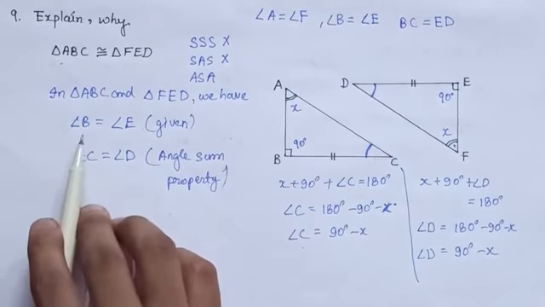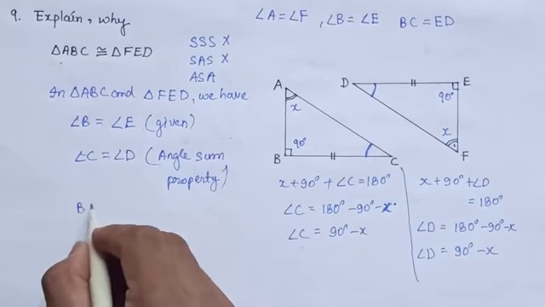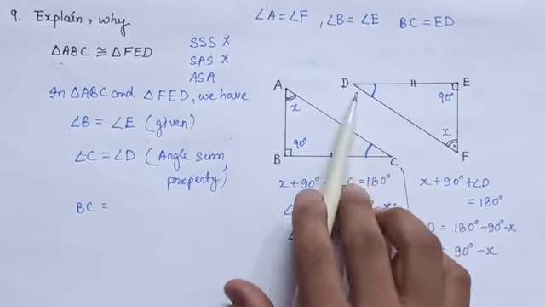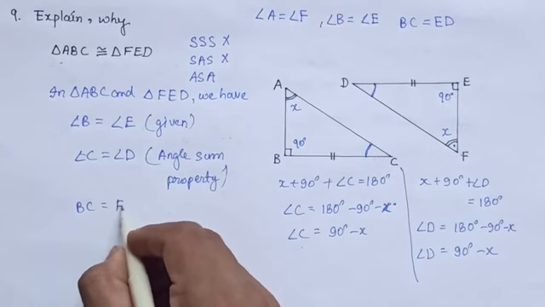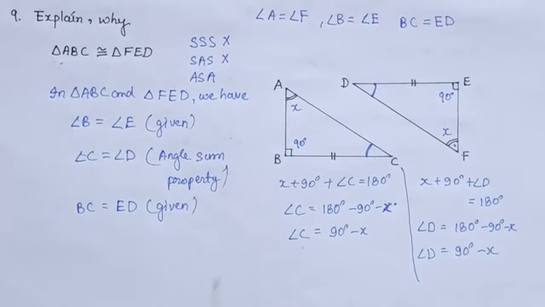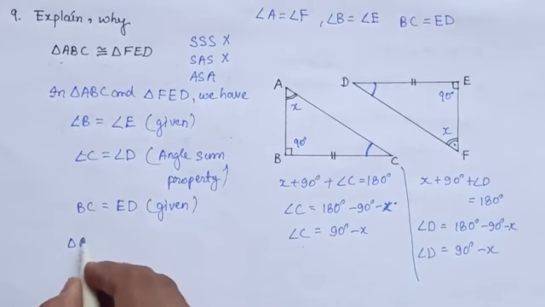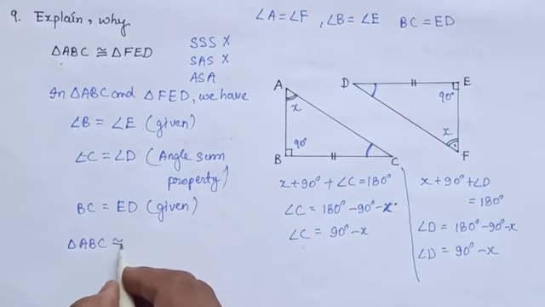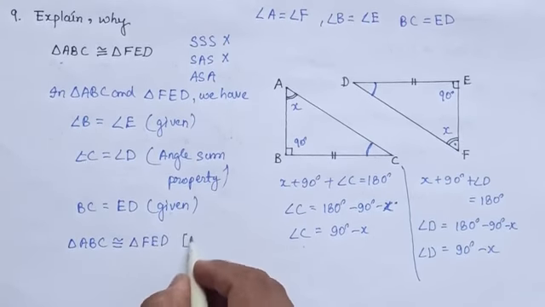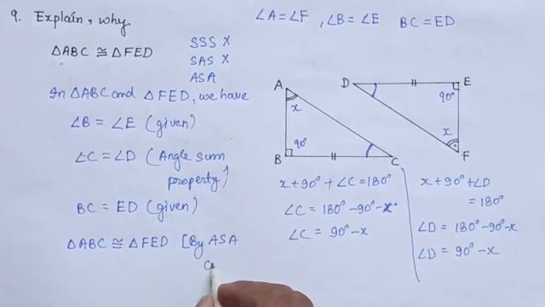And the side included between the angles B and C, that is BC, is equal to the side included between the angles E and D, that is ED, which is already given in the question. Hence we can say triangle ABC is congruent to triangle FED by ASA, angle side angle criterion.